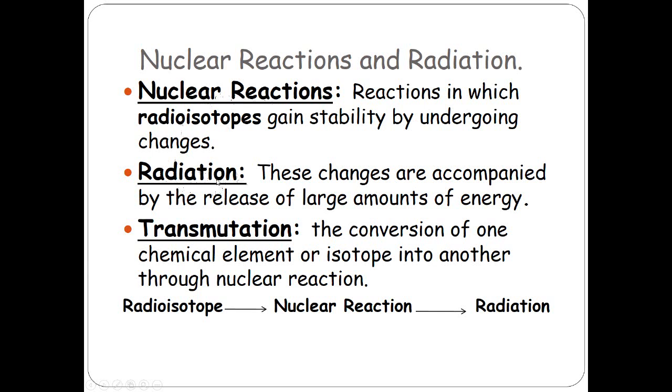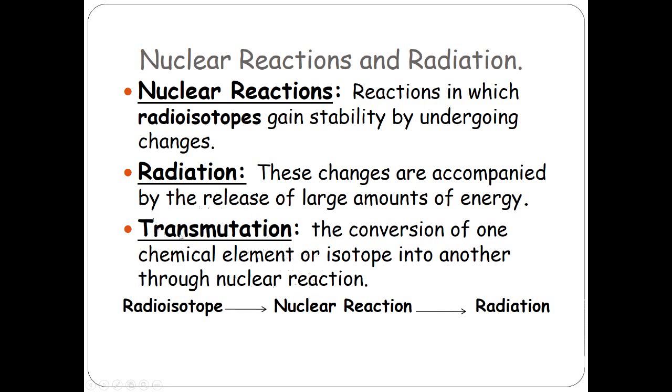They always are accompanied by a large amount of energy being released from the nucleus of the atom. Transmutation, all right, so that's when one element changes into another element as a result of a nuclear reaction.